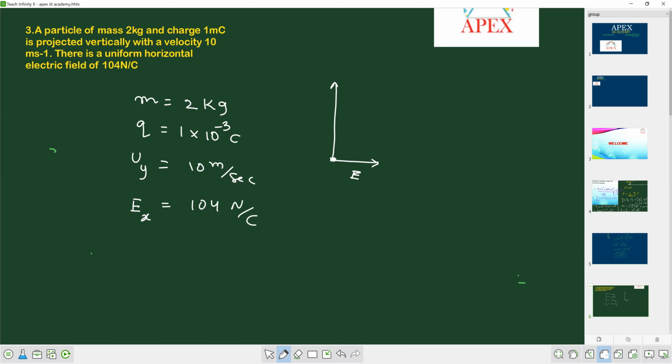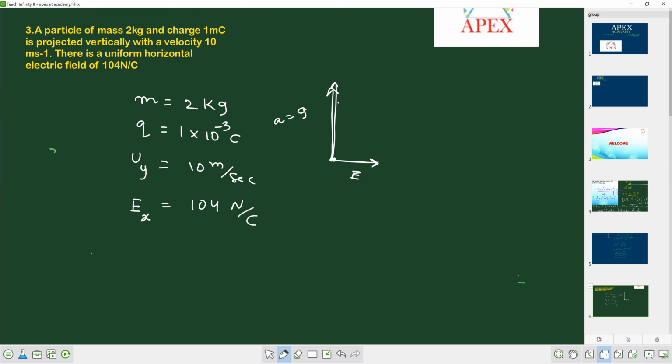So the particle will now have velocity in both directions, along the horizontal direction and also along the vertical direction. Along the vertical direction, what is the acceleration? That is g only. Of course, while it is moving up, minus g, while it is coming down, plus g.